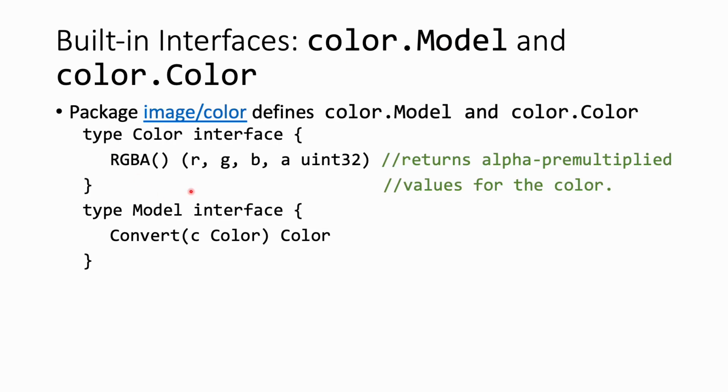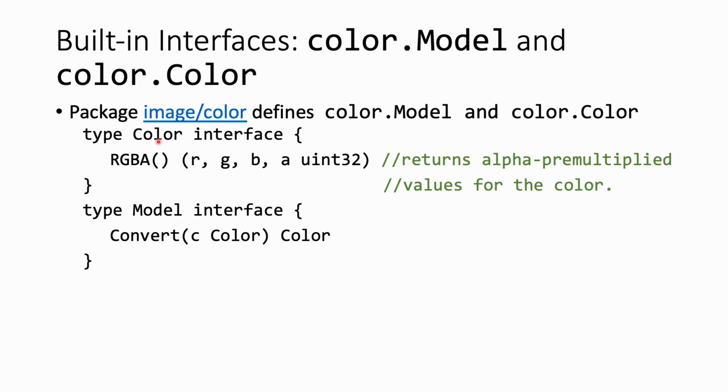Recall that the definition of the image interface in the image package uses 2 built-in interfaces, Model and Color in the color package. Here are the definitions of those 2 interfaces.